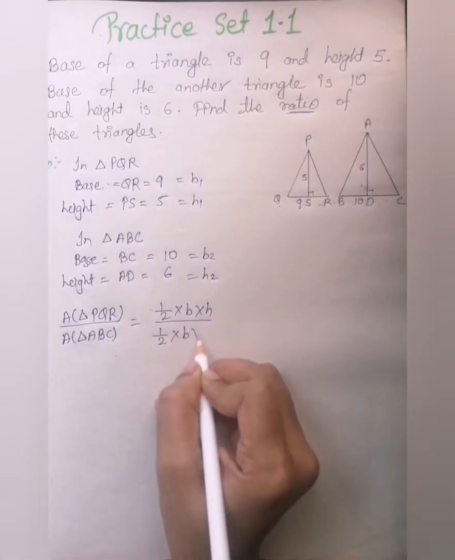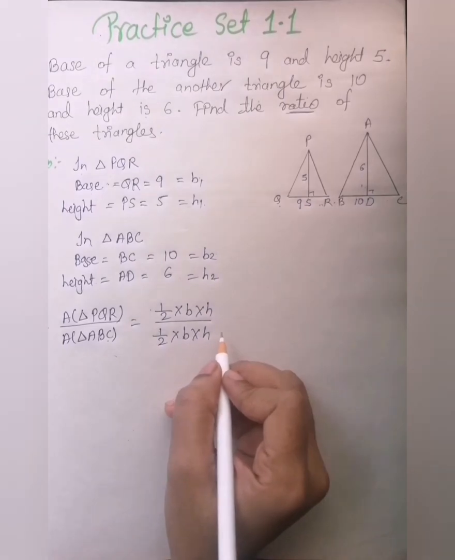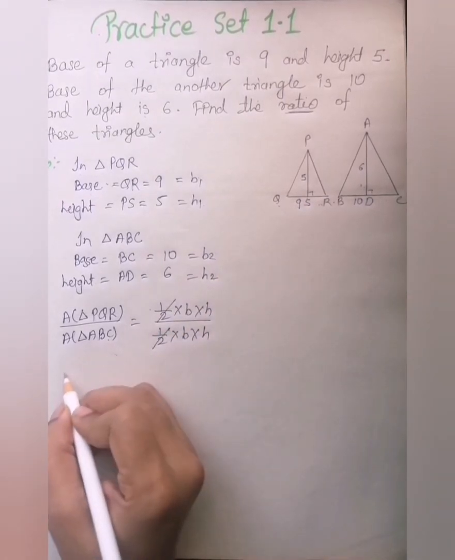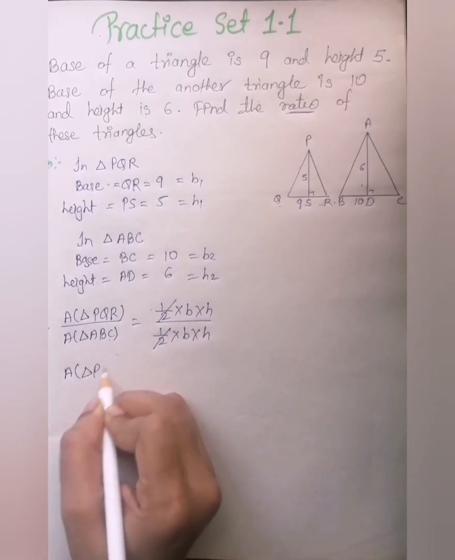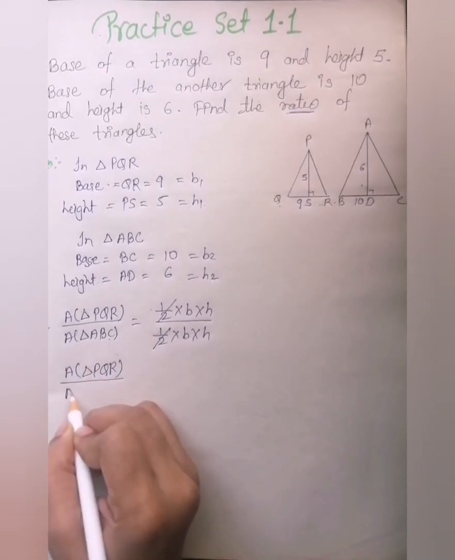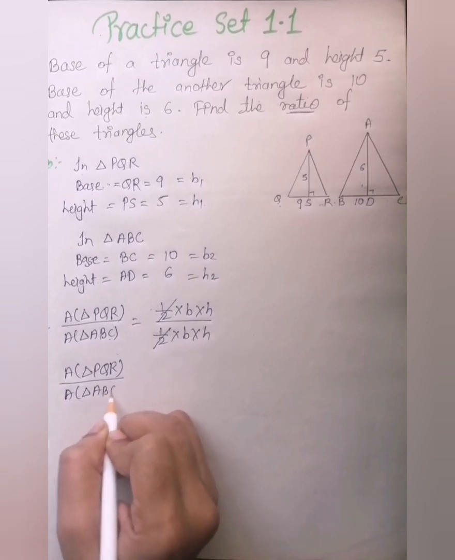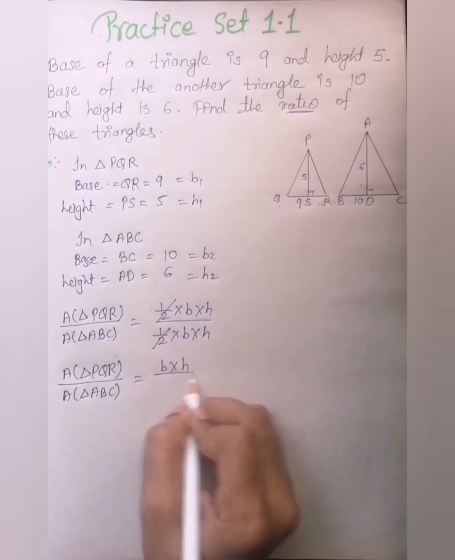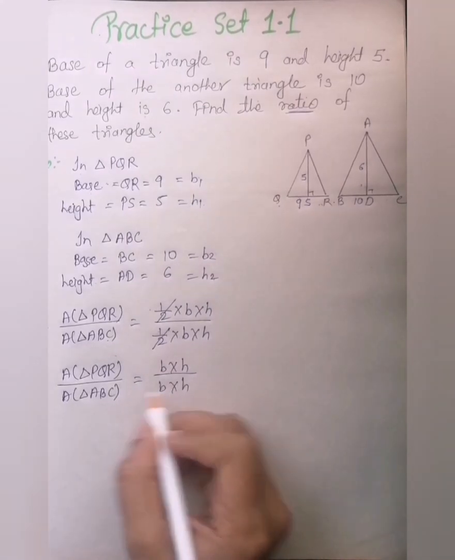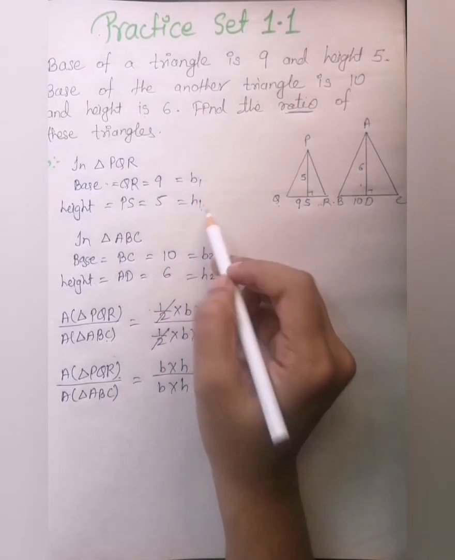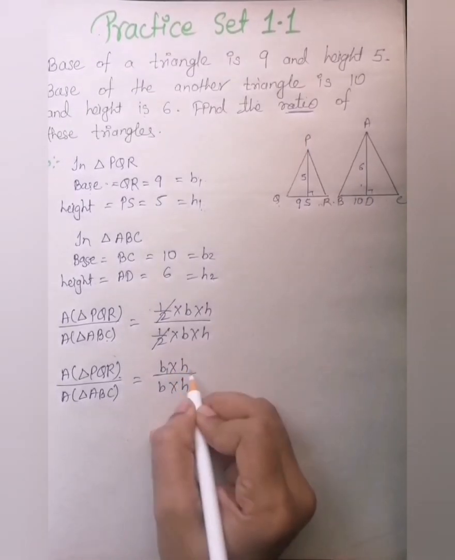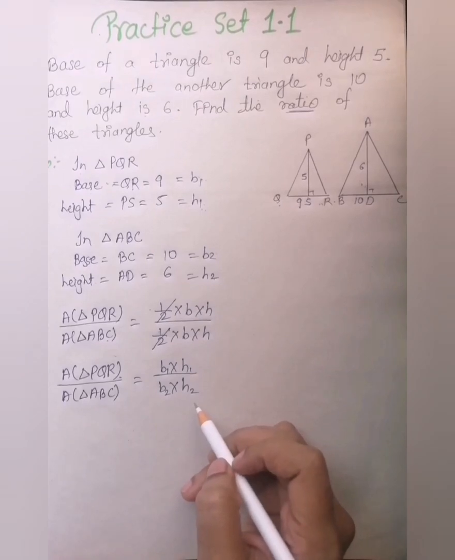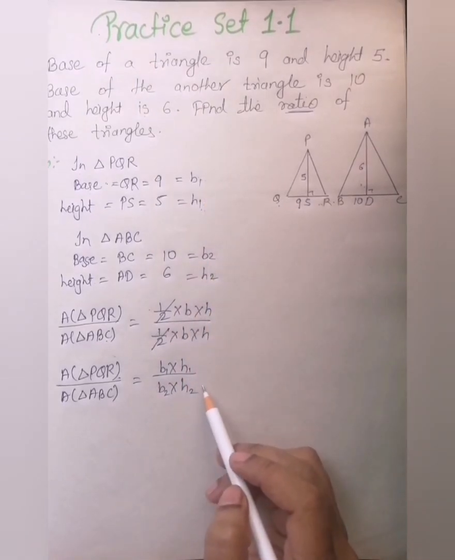Then we cancel this half with this half, so we get B1 H1 upon B2 H2. We have to write it like that.